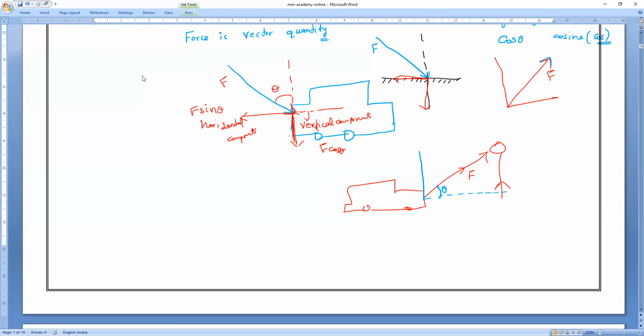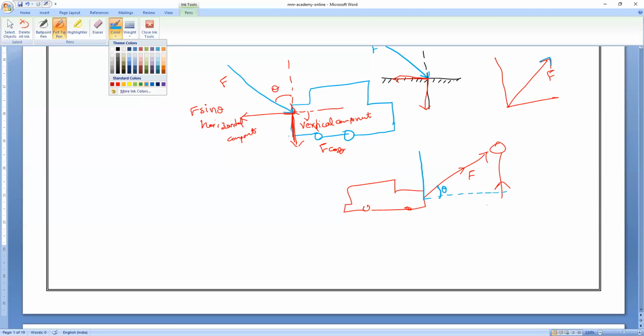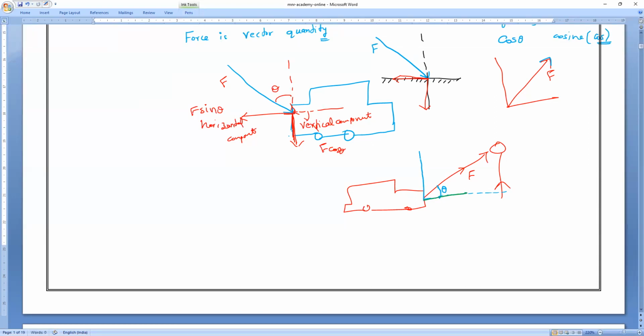You have to take the vertical component as well as the horizontal component. First we will write the horizontal component. As here is the theta, this will become F cos theta and this will become F sin theta.